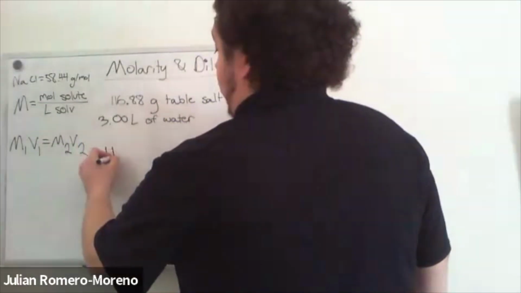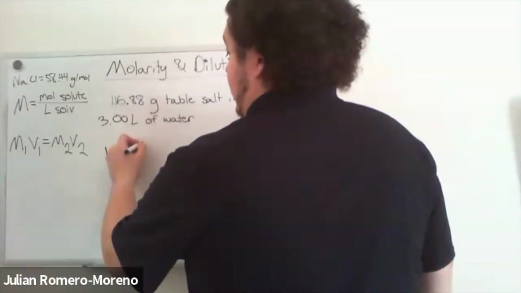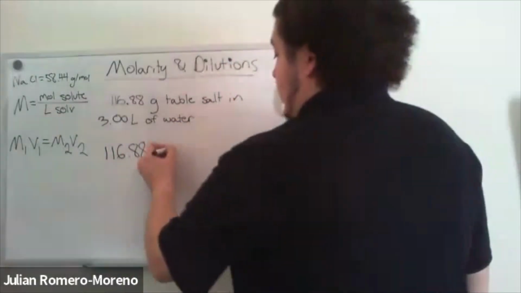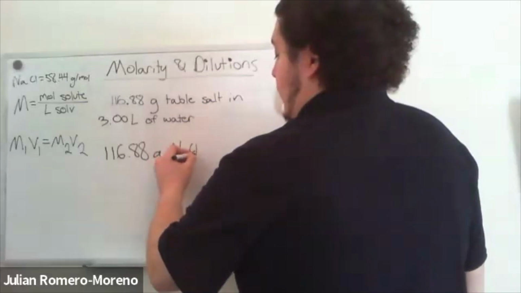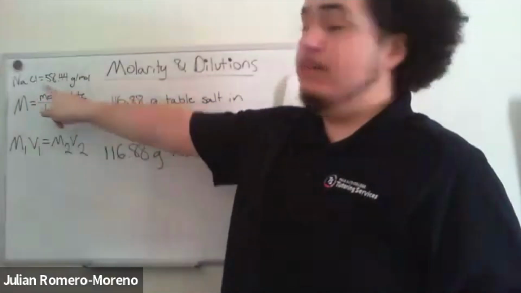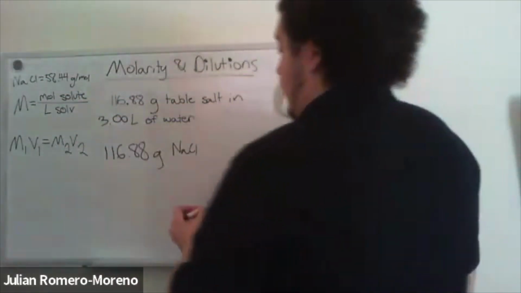We know that we have 116.88 grams of table salt, which is NaCl. And if you look at a periodic table, sodium plus chlorine, their molar mass will add up to this number, 58.44.